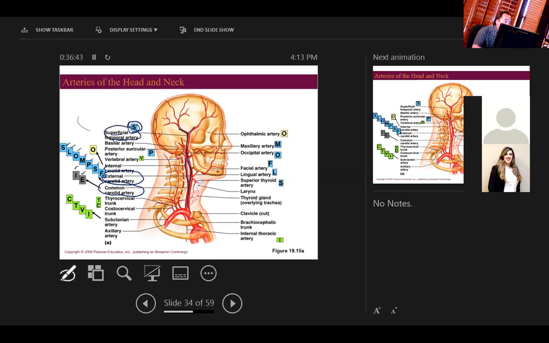That's for S. Now, what is L? The name of L is lingual artery. So where should I follow that artery coming out of the external carotid artery?